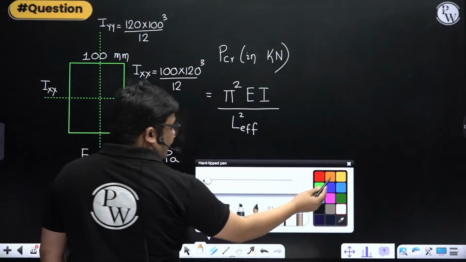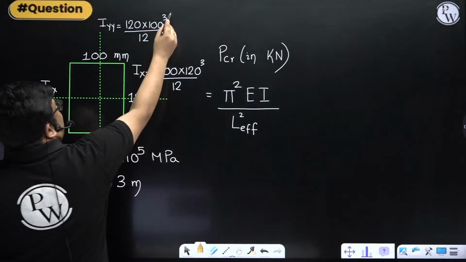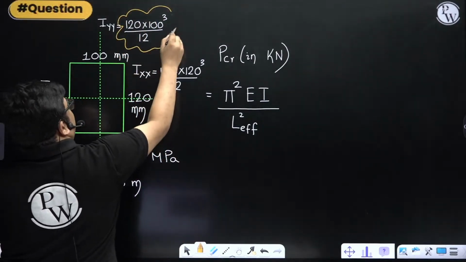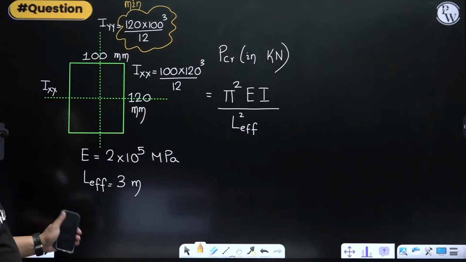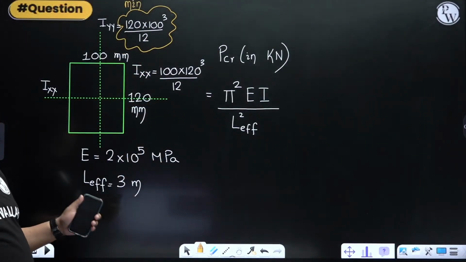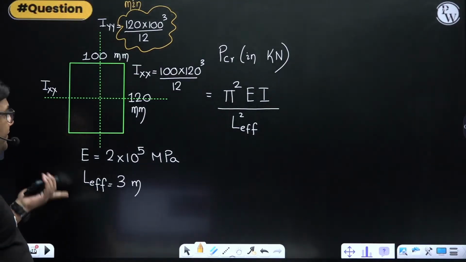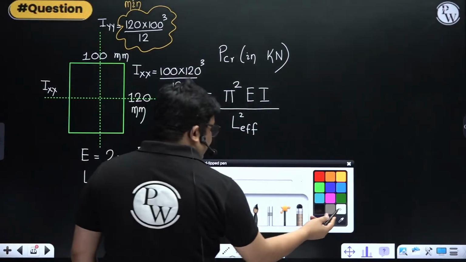Without calculating also you can see that the first will be minimum, since this is 120 into 100 cube, and this is 100 into 120 cube. So I'll take the minimum for the I.